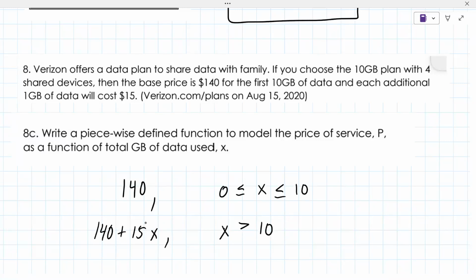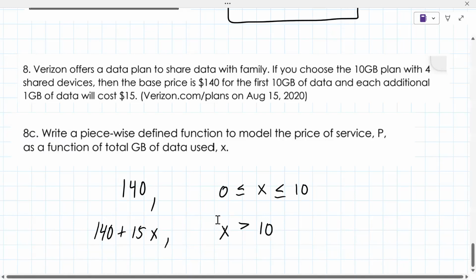Yeah, in class we had a similar problem where instead of 140 for the first 10 gigabytes, it was 160 for the first 15 gigabytes of data. We first found the piecewise function where we did 160, comma, 0 is less than or equal to x, which is less than or equal to 15. And then 160 plus 10 times x minus 15, because you're not charged.